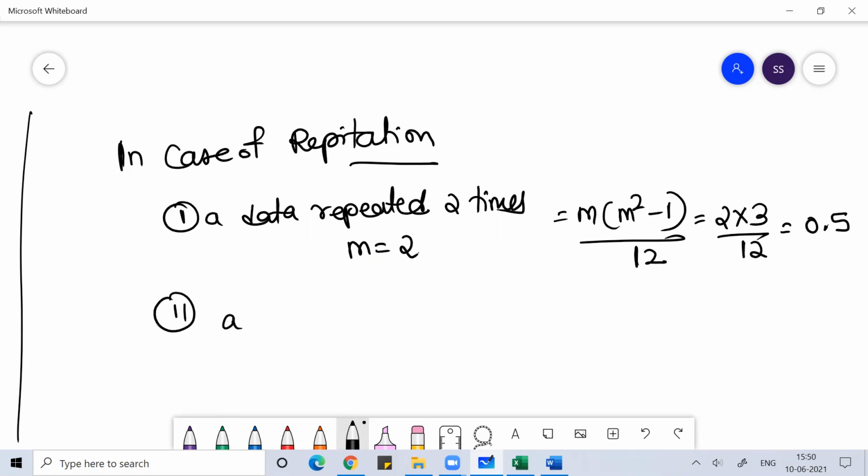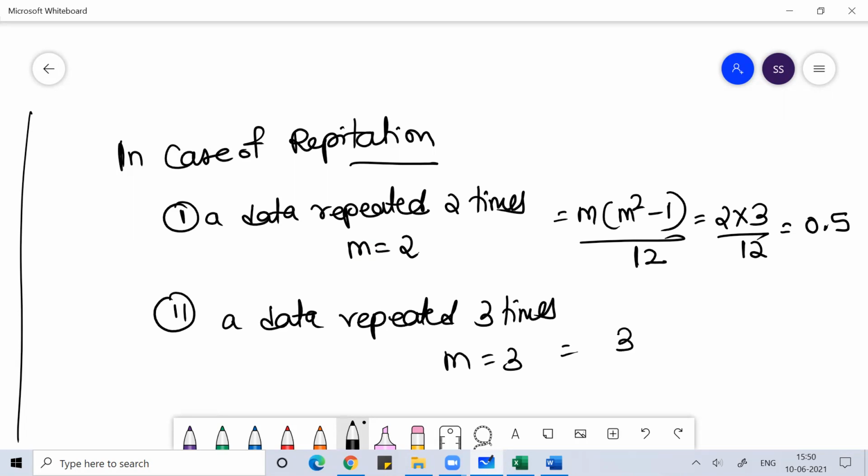If a data is repeated 3 times, then m is 3. If there's no repetition, the adjustment factor is 0. Here m is 3, so this would be 3 into 3 square minus 1 by 12. If you solve, you'll get 24 by 12, which is 2. Remember this.